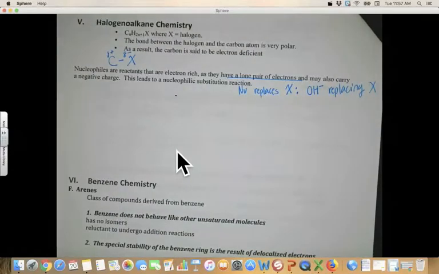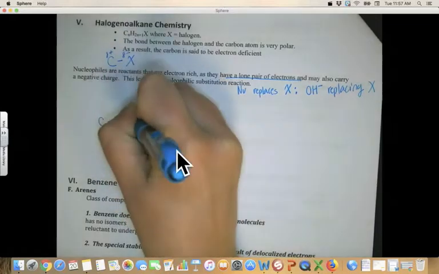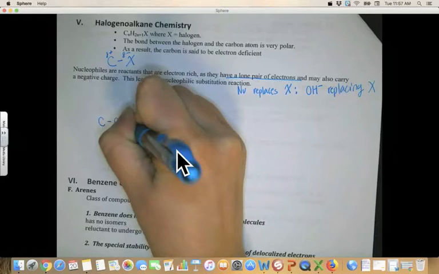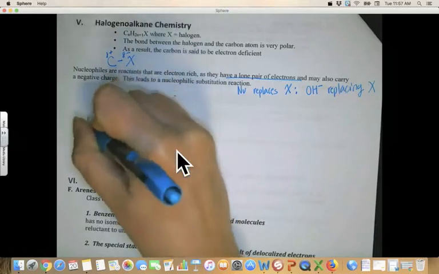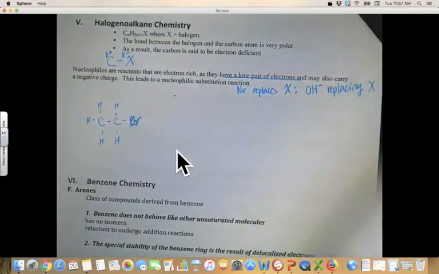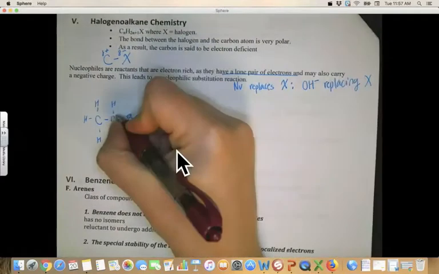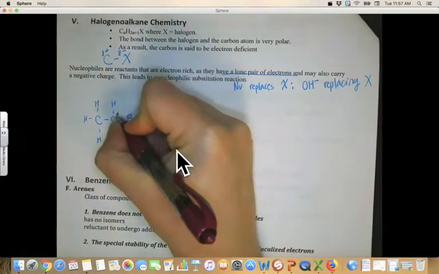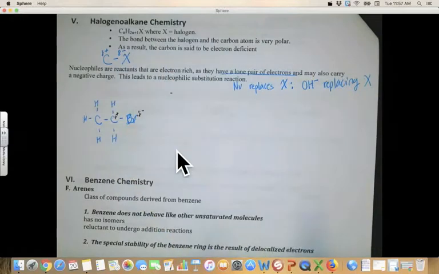So, let's say we have, I'm going to make this bromine. Well, this bond is polar, so that your carbon is a little bit positive and your bromine is slightly negative.